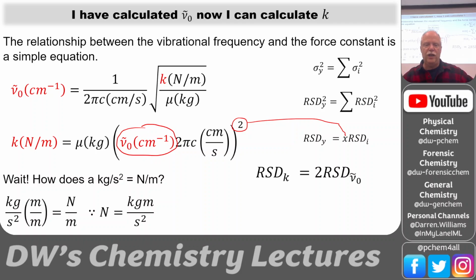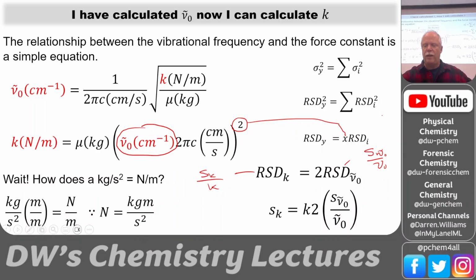Our relative standard deviation of k is equal to 2 times the relative standard deviation of nu 0. So the RSD for k is sk over k, and the RSD for nu is S nu over nu. I could use sigmas as well, but I'm just using S here.